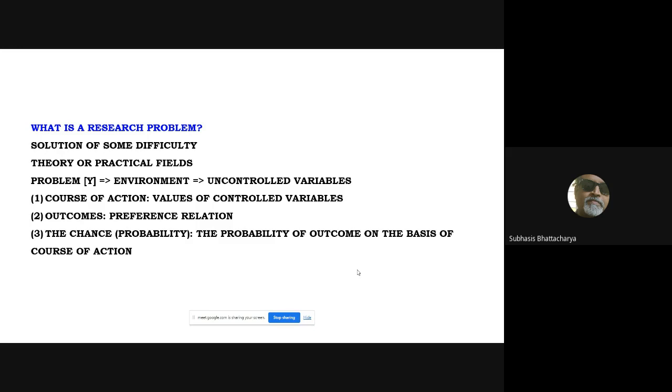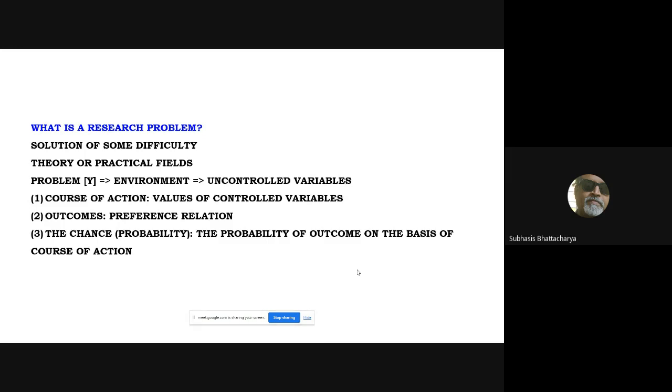So individual or the organizations, and they are occupied by some environment. So just consider the variables: the individual, or it may be the organizations, and then the environment. And there must be some uncontrolled variable.